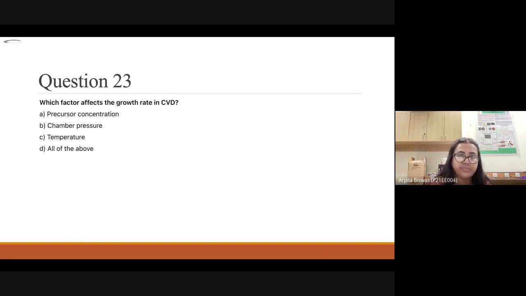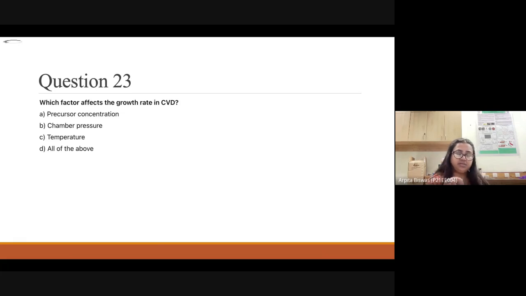Precursor concentration, chamber pressure, temperature, or all of the above? Okay, all of the above. Yes, the right option is all of the above.